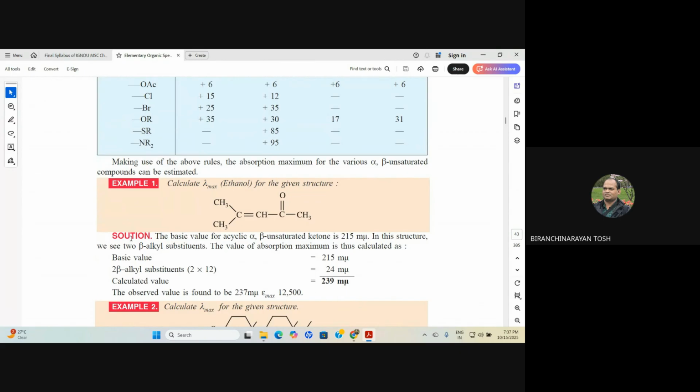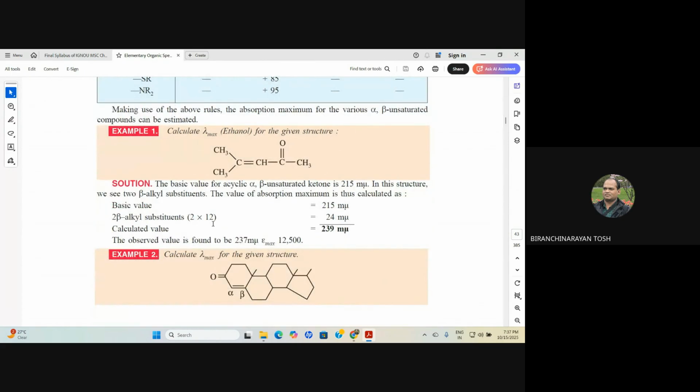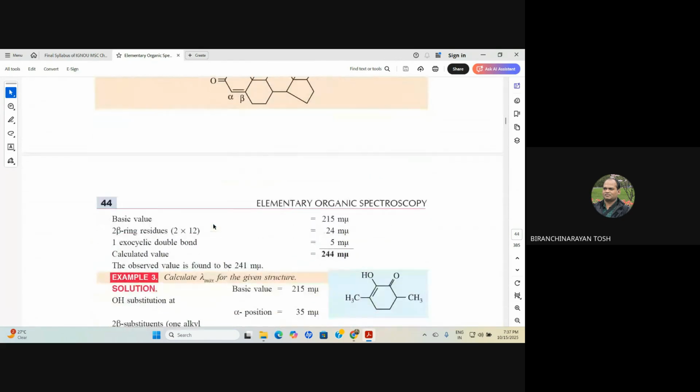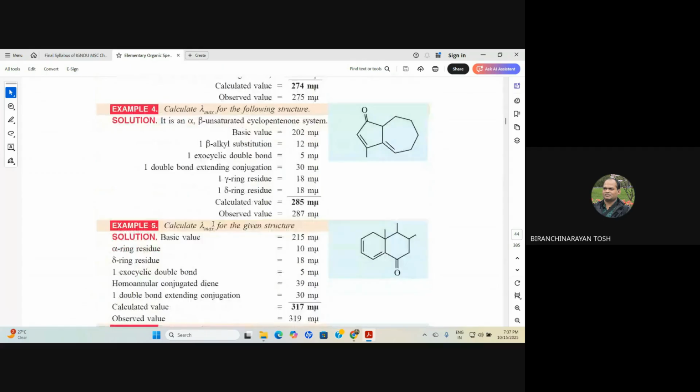The basic value of alpha beta unsaturated ketone is 215 millimicron. So you can calculate like this. Other examples are there also. These things you can go through.